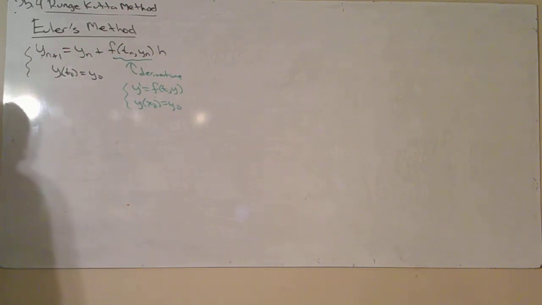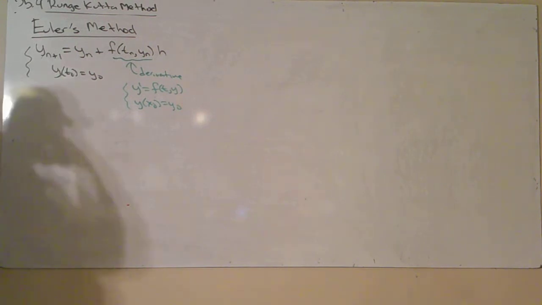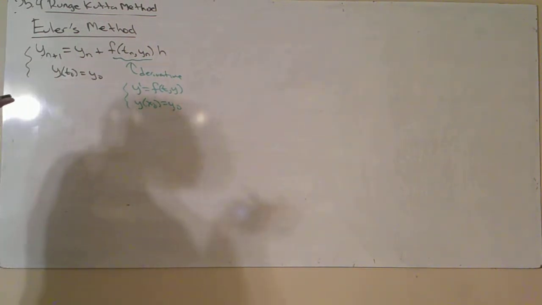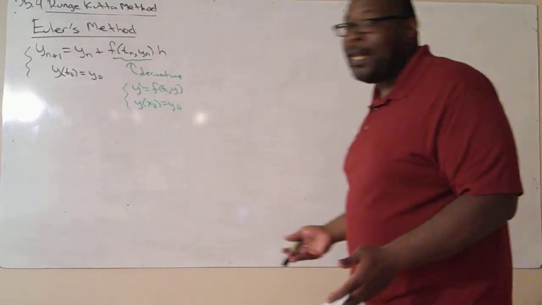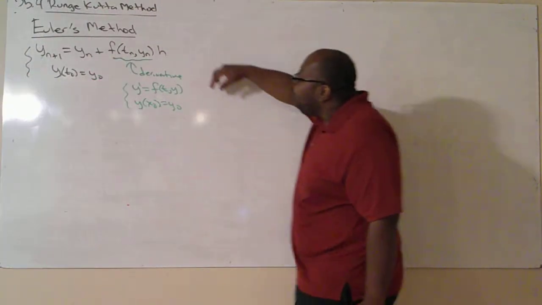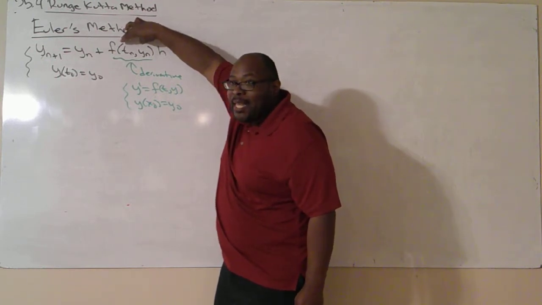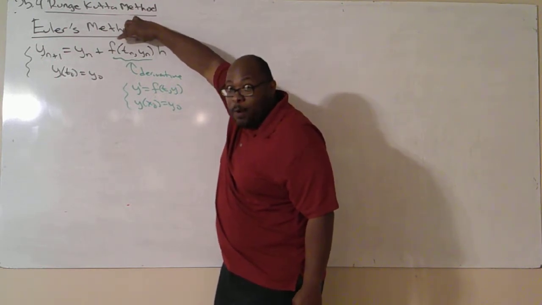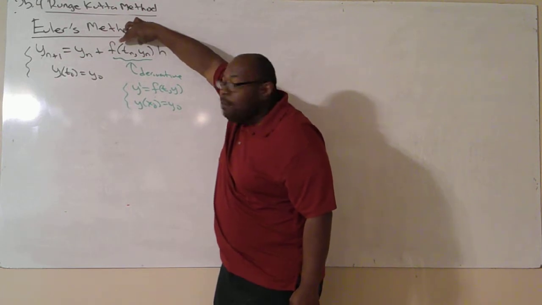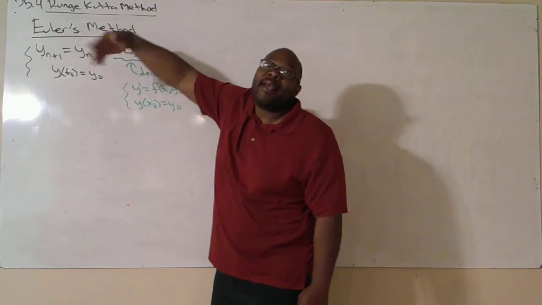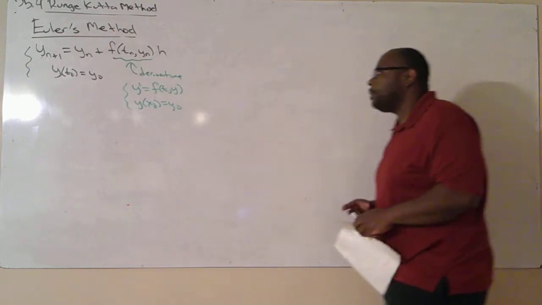And what Runge Kutta does is it says, okay, instead of just using one derivative, why not just use 2 derivatives, just at different places? Why don't we use this derivative and that derivative at different places, and then we just add them together? We use a weighted derivative instead of just one derivative to help us approximate the next value in our solution.